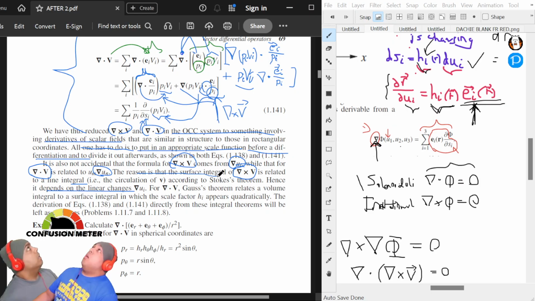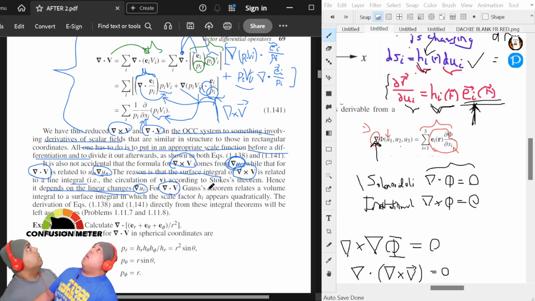The reason is that the surface integral is related to a line integral according to Stokes' theorem. Hence, it depends on the linear changes of the coordinate system, linear changes of the gradient of Ui. So this is for the curl, which is the easy one, right?